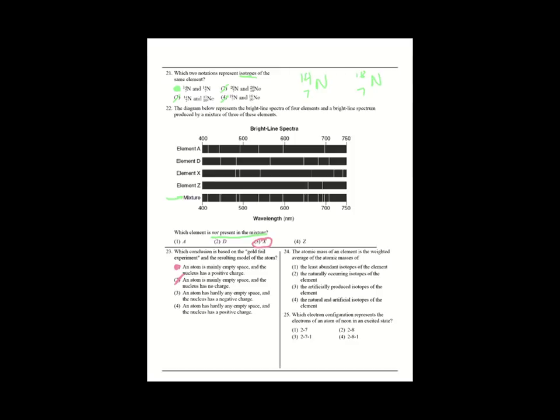Choice 3 is the opposite of everything we said. And choice 4, it has the first statement being the opposite. It is mostly empty space, not hardly. All right, number 24. The atomic mass of an element is the weighted average atomic masses of all the naturally occurring isotopes of the element, not any artificial, it's all natural.